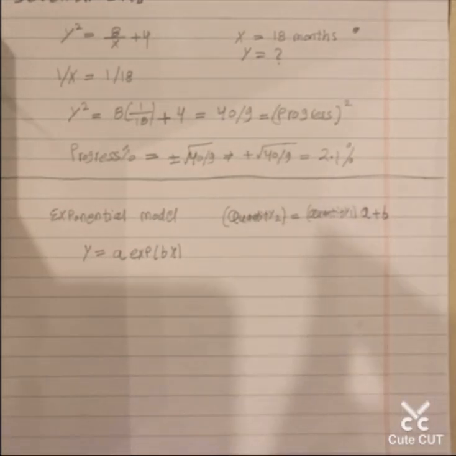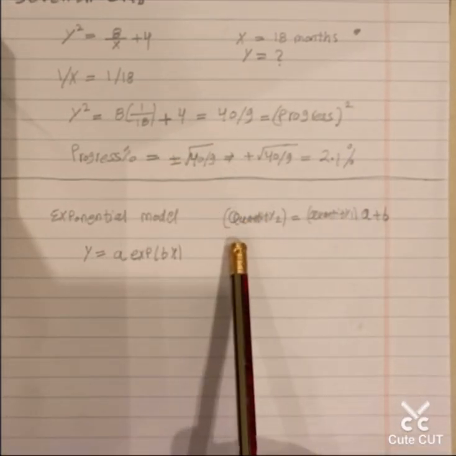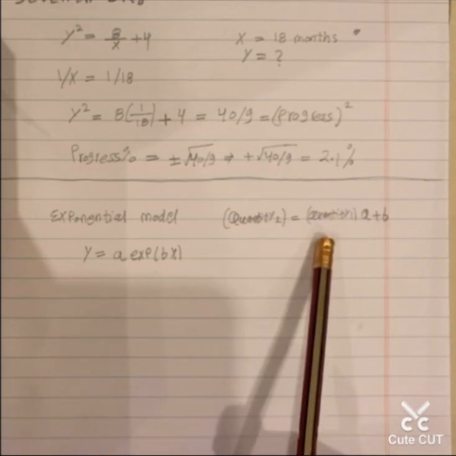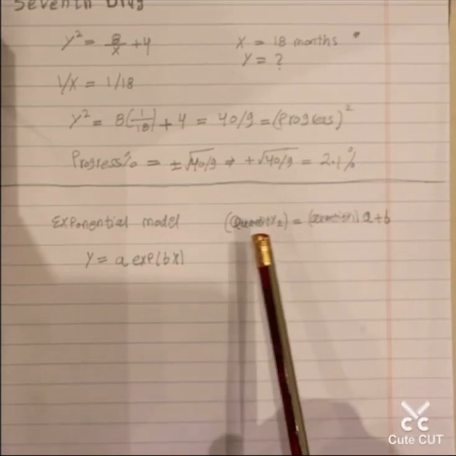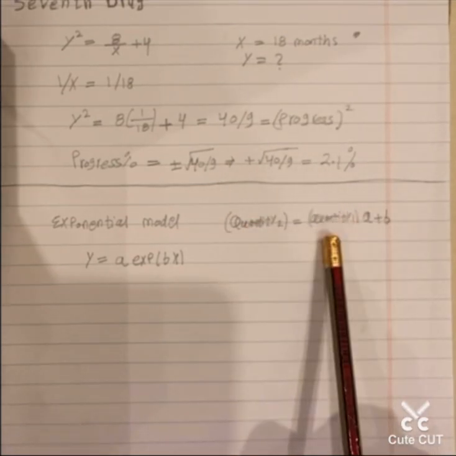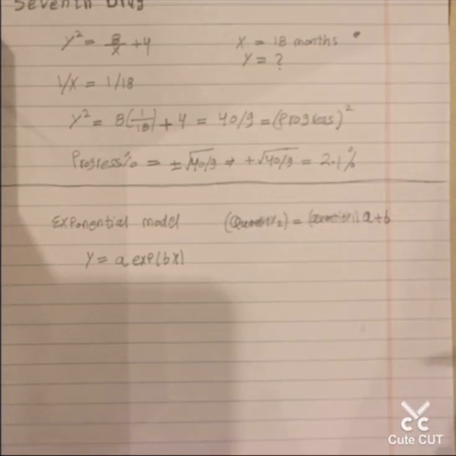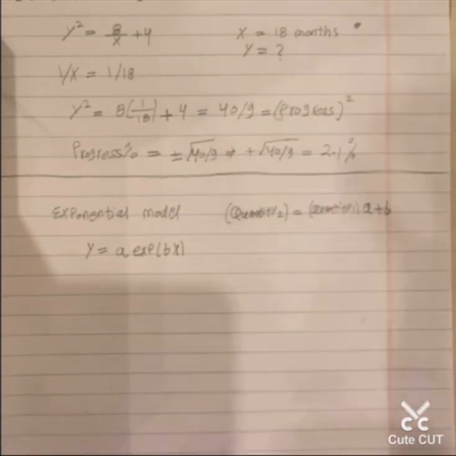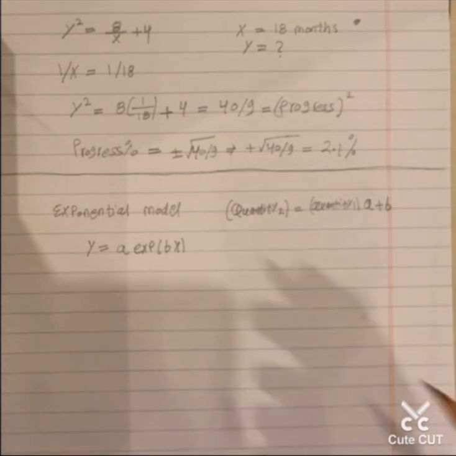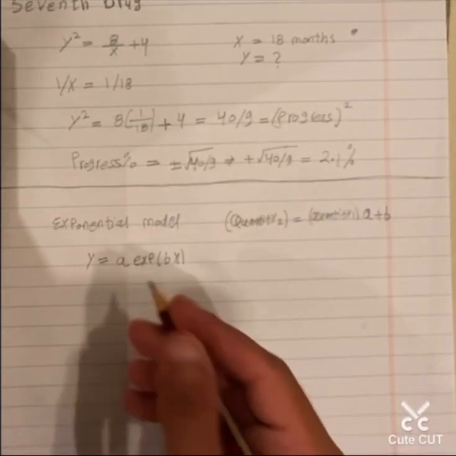This quantity, as you remember, was y squared, and here it was 1 over x in this example. And before, in the perfect linear example, it was y equal to ax plus b. So we want to convert this equation into this form, practically doing linearization, the same thing that we did before.